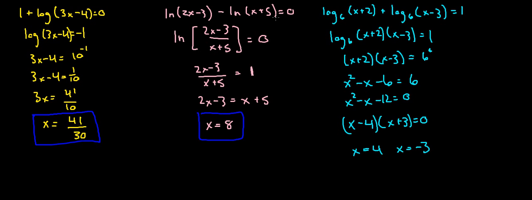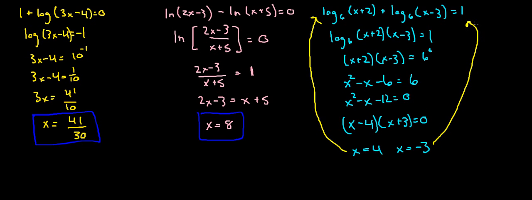I need to check and see if I put these answers back into the original equation, if they'll still be in the domain. Because if it's not in the domain, then it won't work. If I get the logarithm of a negative number, that is not in the domain and therefore won't be included in my answers.